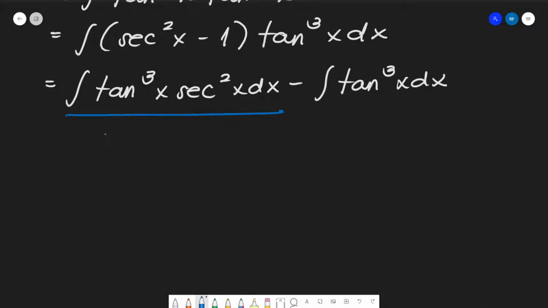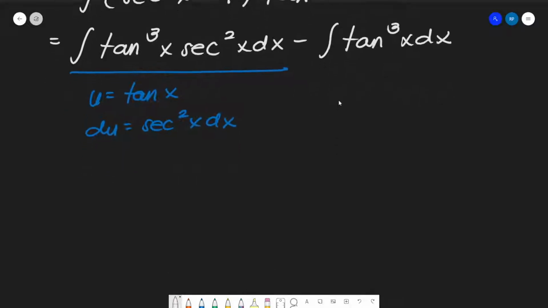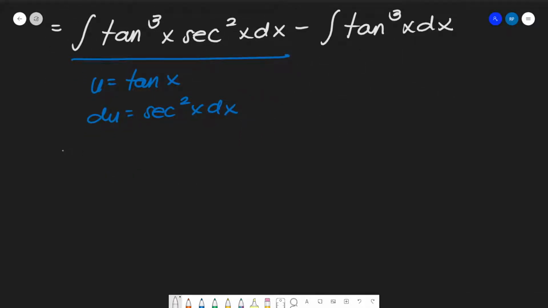So, yung u na gagamitin natin dito is obviously tangent x, and ang du natin ay secant squared x dx, which is ito yan. So, we can use this for u substitution, or u raised to n du form. This will be u cubed du. I-set aside na muna natin yan kasi later magagamit pa ulit natin to.